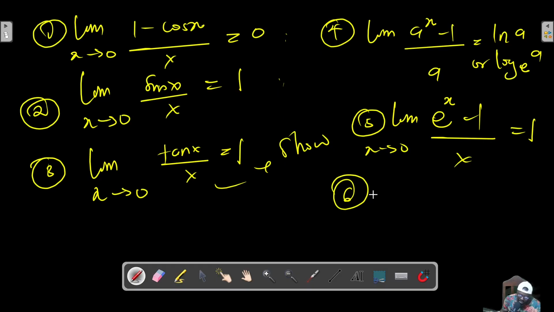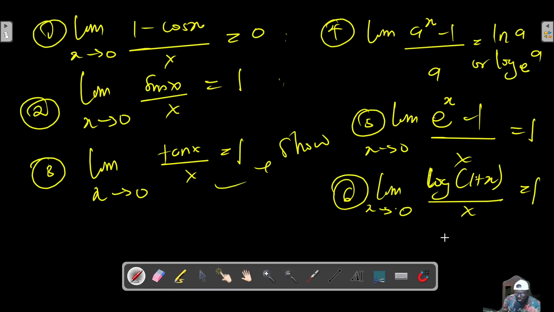The next one, the limit as x approaches 0 of log of 1 plus x divided by x is equal to 1.